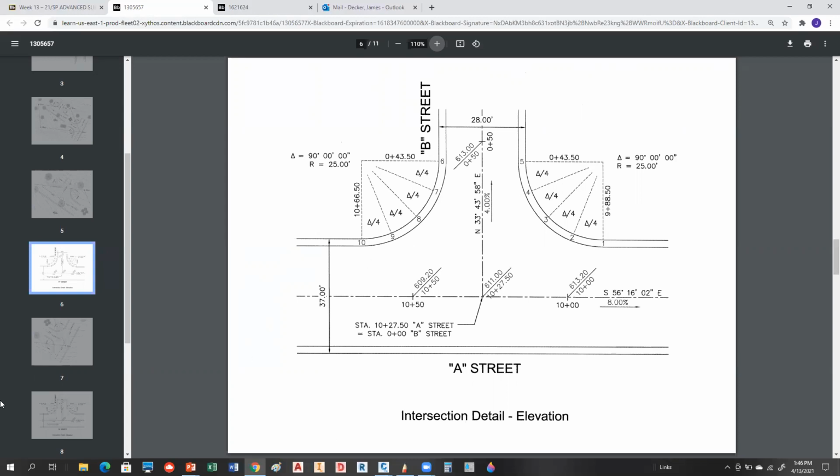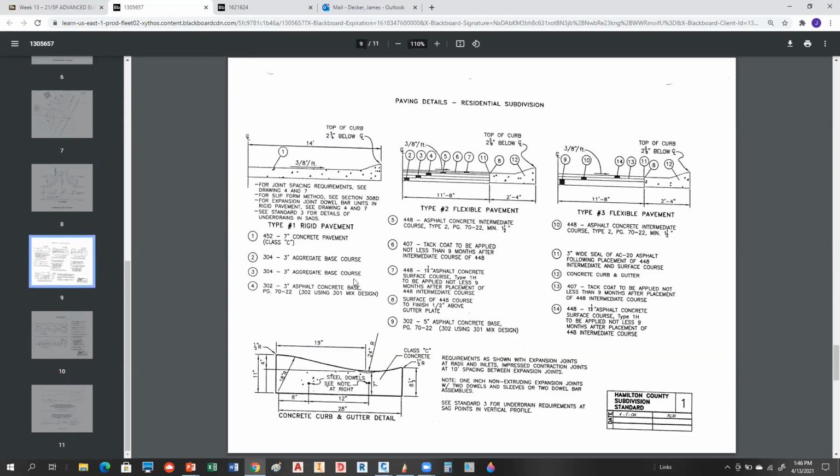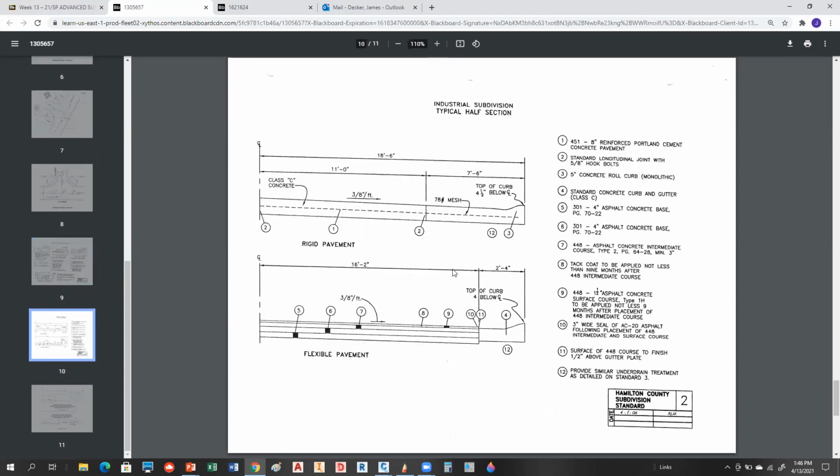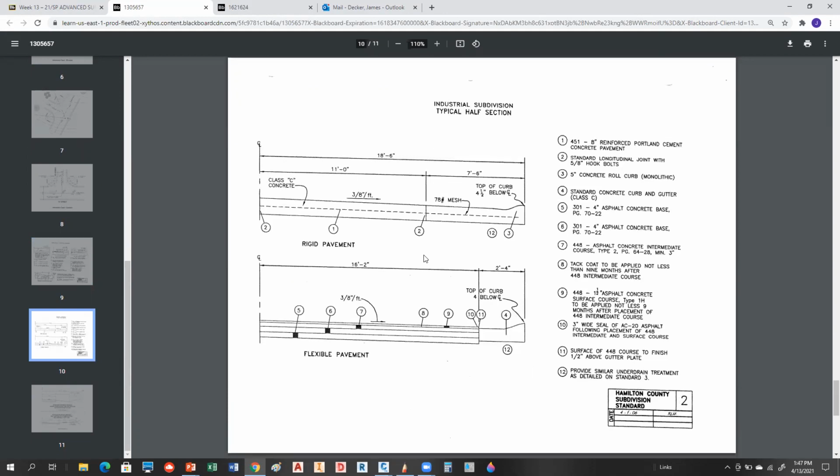So then we have to come to the typical section for this road, which is a 37-foot road. So let's see what happens there. That's this guy here. I think we're using, I can't remember which one I'm telling you to use. It's one of these two here.